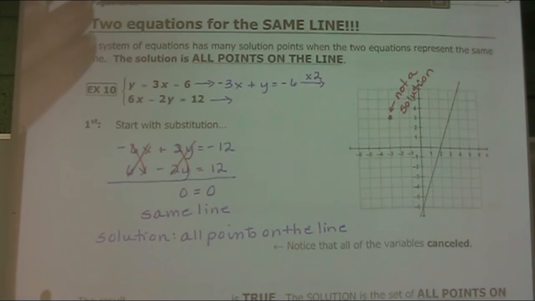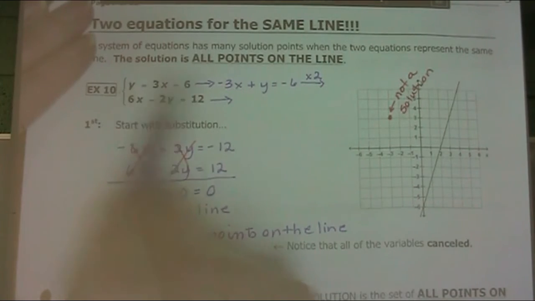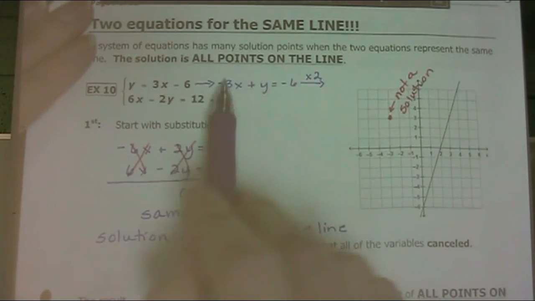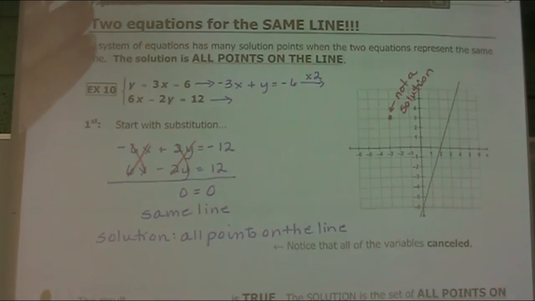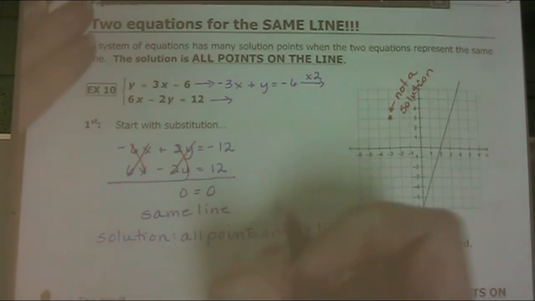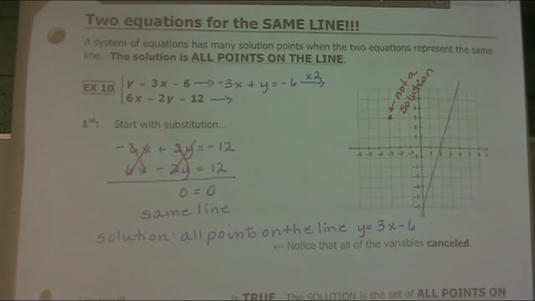I can use either this equation in slope-intercept form, or this equation in standard form, or this equation in standard form. Doesn't matter which. So I'm just going to say y equals 3x minus 6. And I've always got to state which line all the points are on. It's not just all points, it's all points on a specific line.